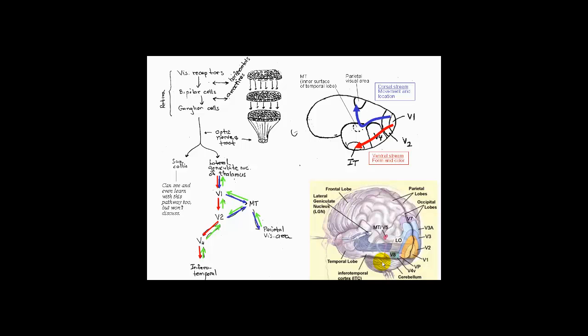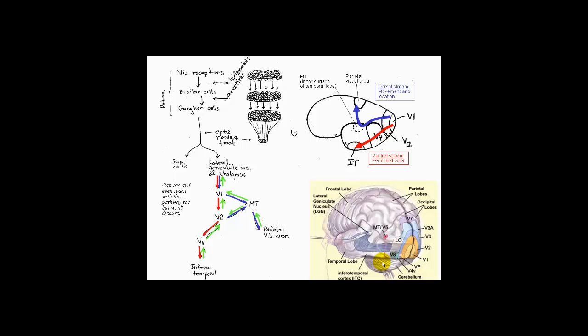There are some cells that interconnect cells at a given layer, making lateral connections back and forth. These are things like horizontal cells and amacrine cells.